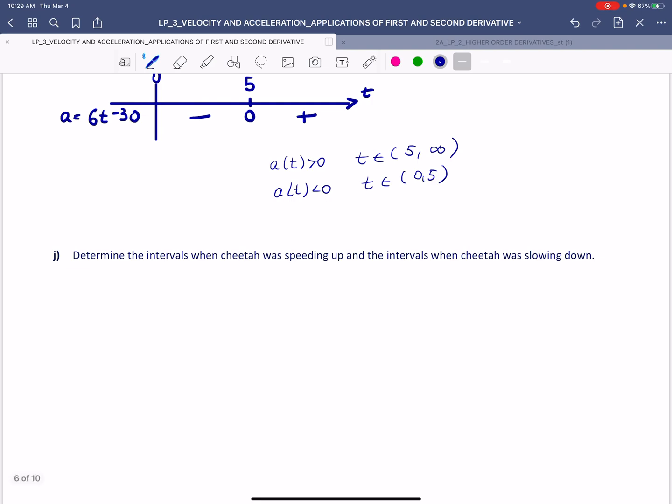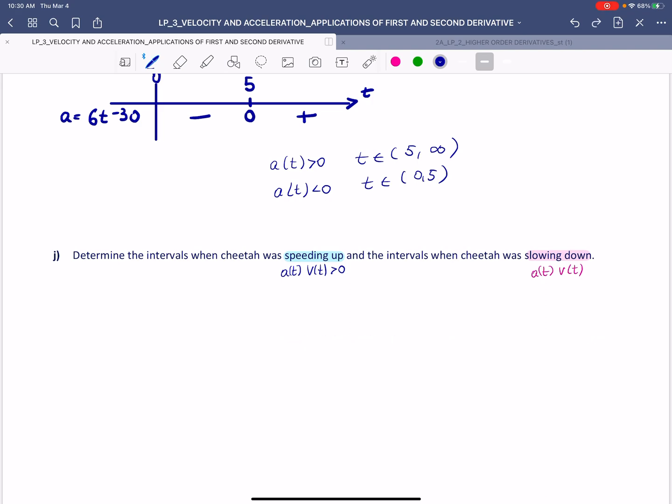We know that an object is speeding up when A(t)V(t) is positive, so the product is positive, and it's slowing down when A(t)V(t) is negative. So in order to make this judgment, we will have to know when A(t) is 0, when it's positive, when it's negative, and when V(t) is 0, positive or negative. So we are going to build the chart.